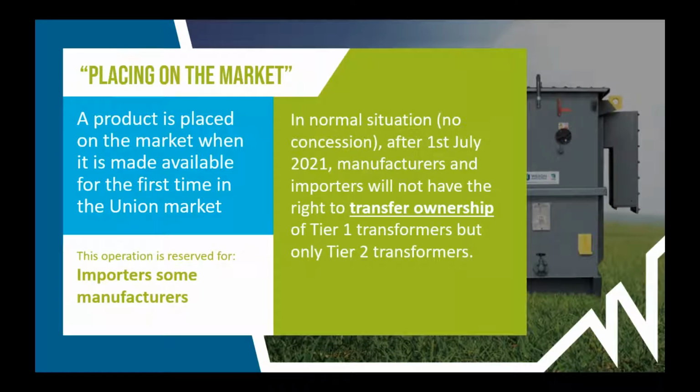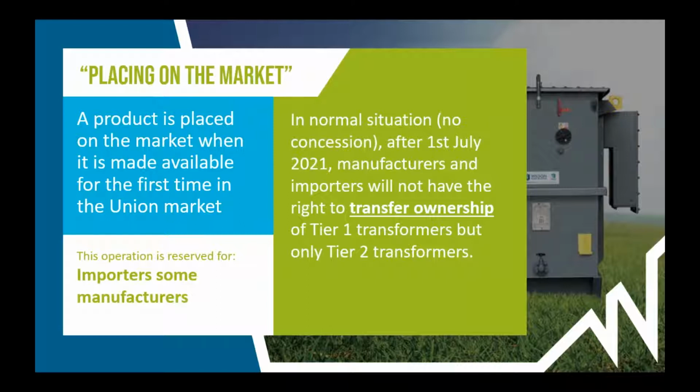To get familiar with the terms, to better understand what the regulation actually means and what it applies to: a product is placed on the market when it's made available for the first time in the Union market. That includes the UK, obviously now. Only manufacturers or importers place products on the market, so this notion of placing on the market is reserved for importers or manufacturers.